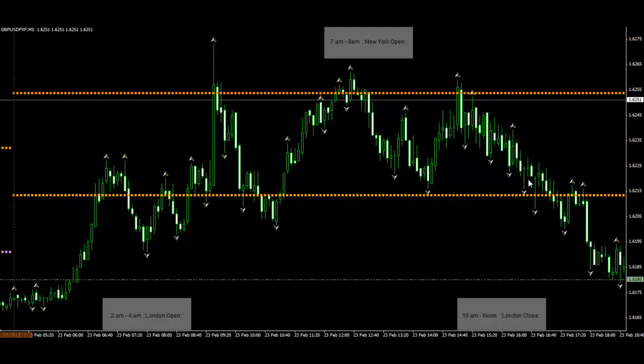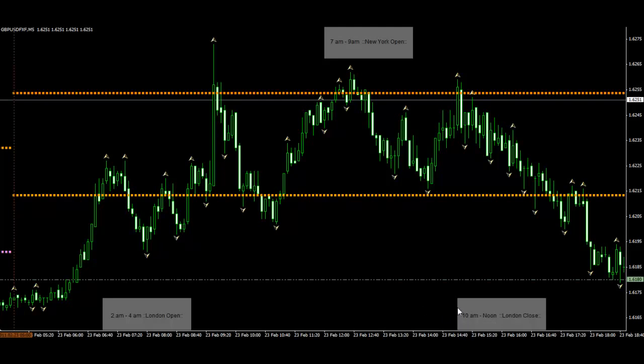Okay. Up here we have the New York North American Open, and that is 7 a.m. to 9 a.m. approximation. Down here, we have the London close window between 10 a.m. and noon. Okay?